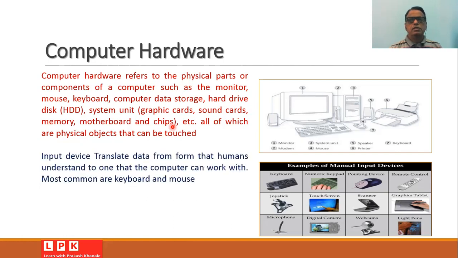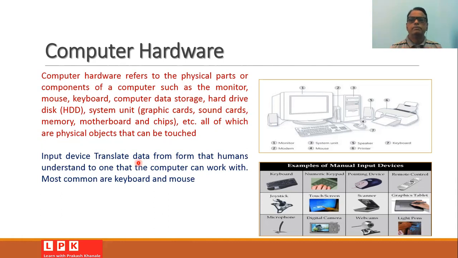Out of these, certain devices are called input devices, and certain devices are called output devices. Input devices are those devices which can translate the data from humans to the computer. Most of the things that humans can understand are in a different form from what the computer can understand. For example, humans can understand natural languages, but computers do not.